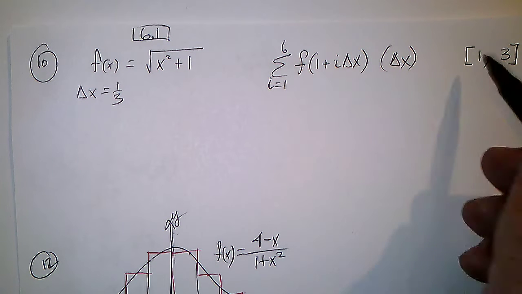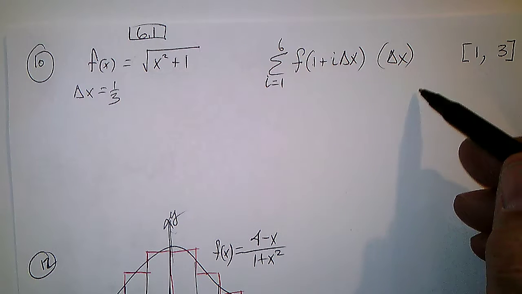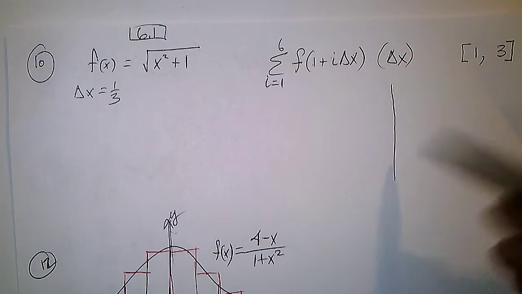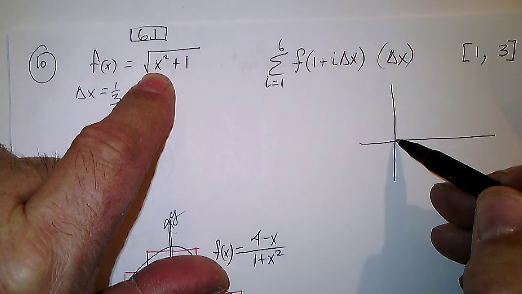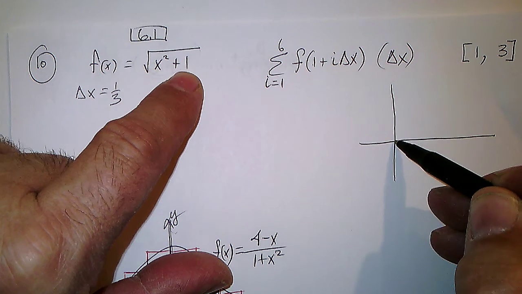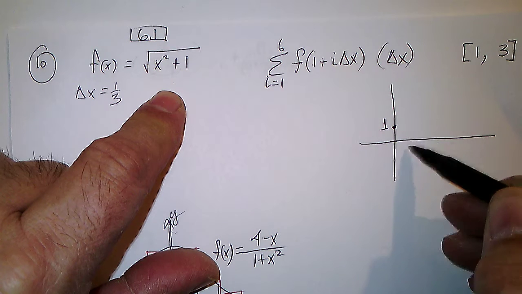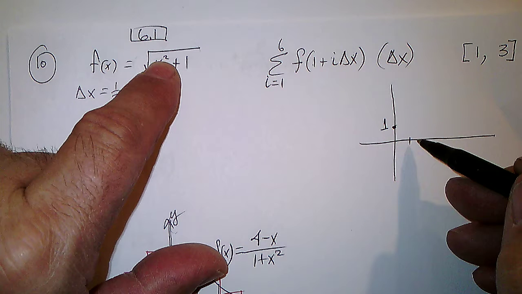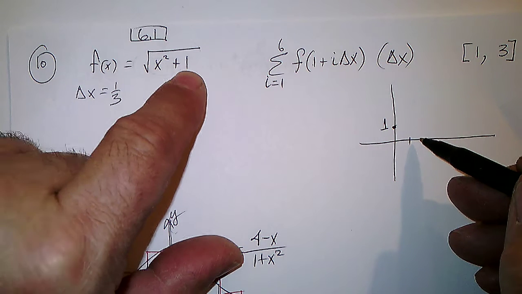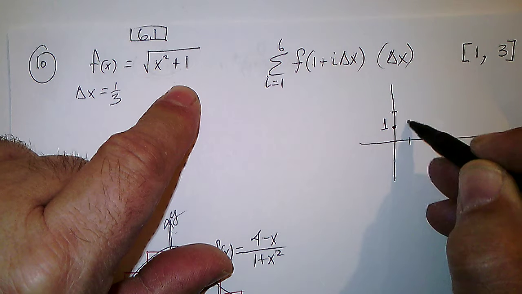Let's do a quick graph of this. If I plug 0 in here, 0 squared plus 1 is 1. The square root of 1 is 1. If I put 1 in, 1 squared is 1, plus 1 is 2, so I have the square root of 2, which is 1.4-ish.